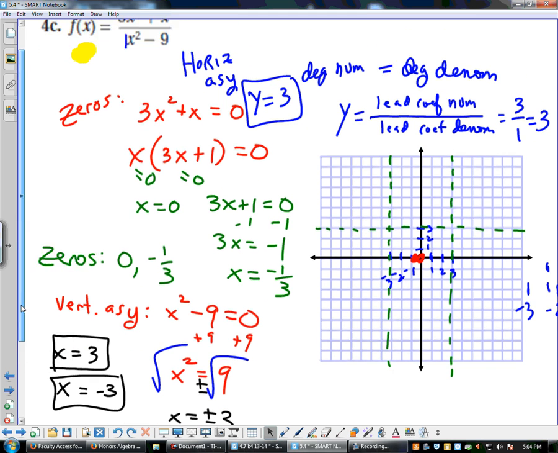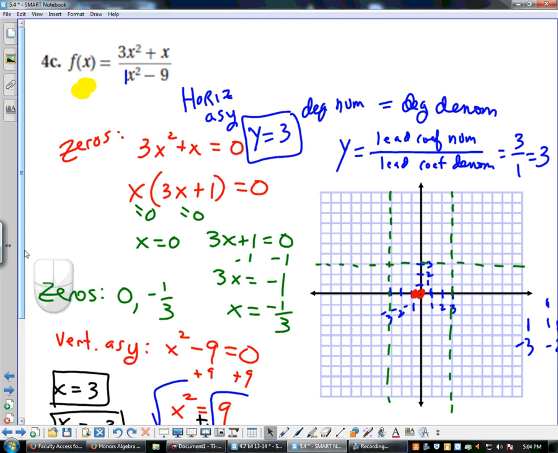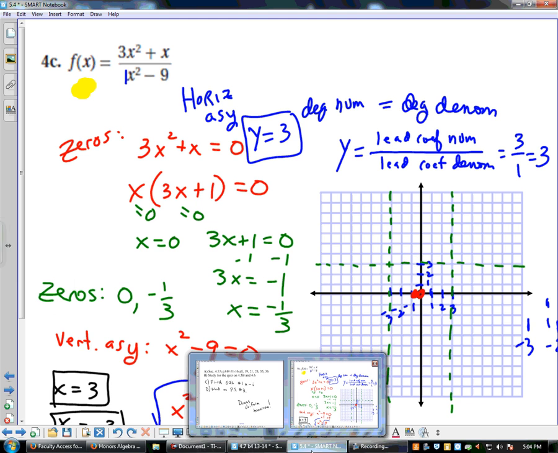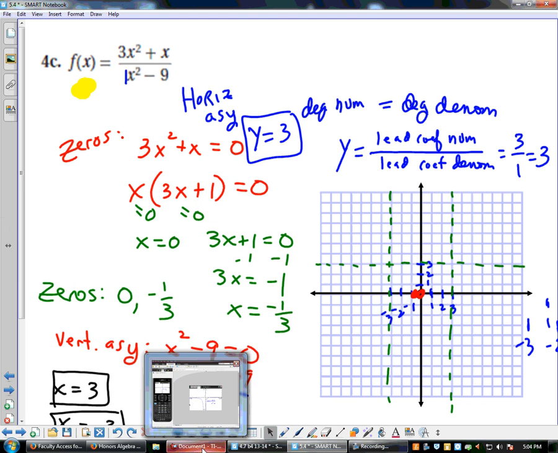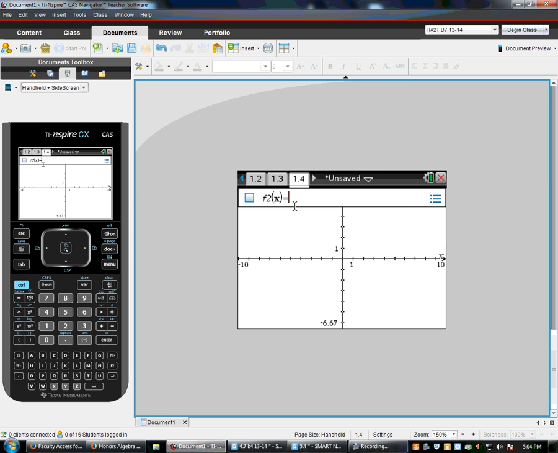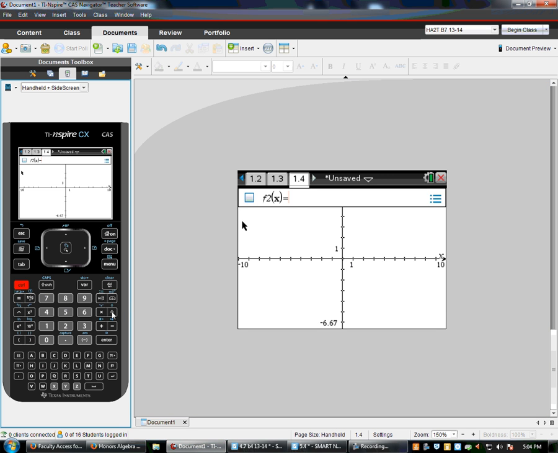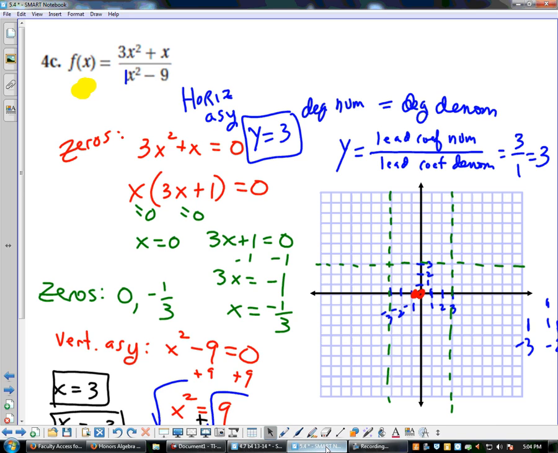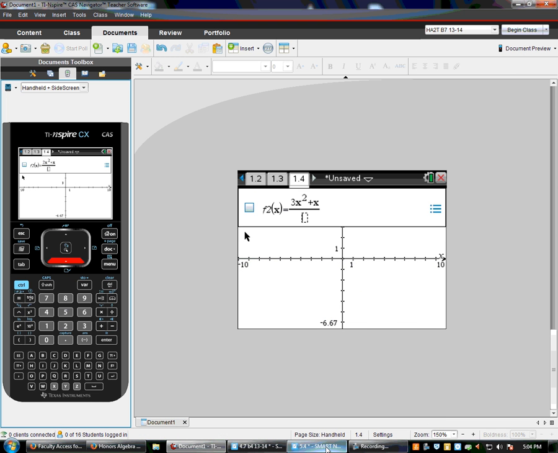And let's take a look at the calculator to see what it's going to look like. 3x squared plus x is the numerator, and then my denominator is x squared minus 9.